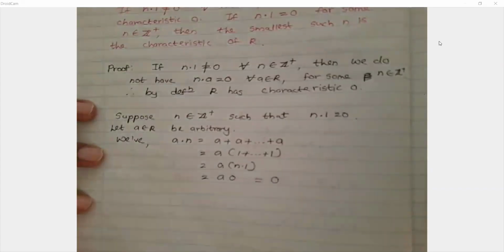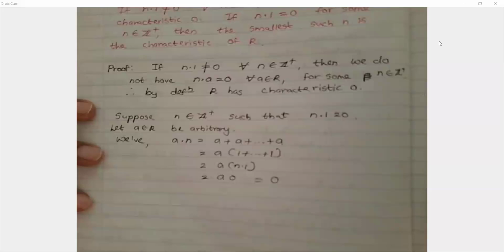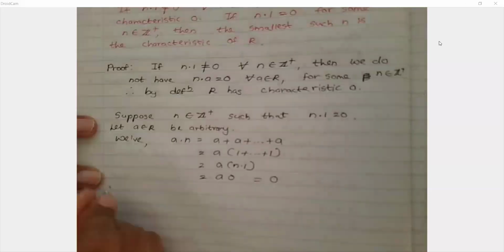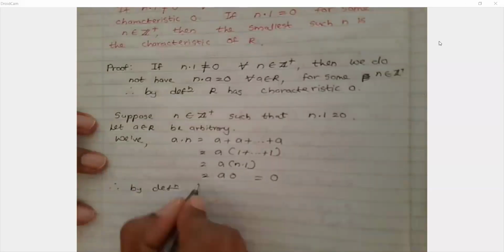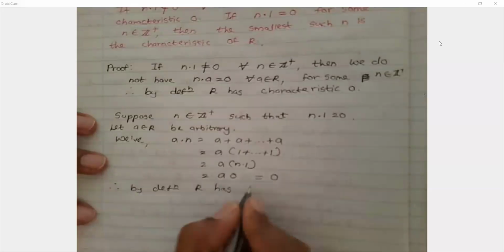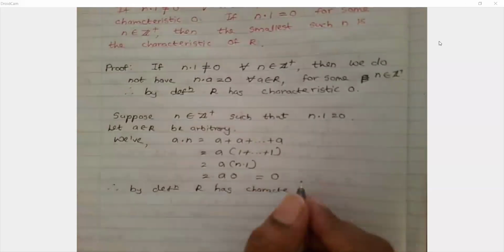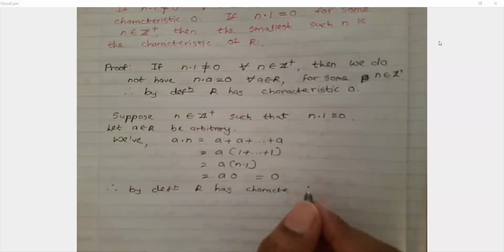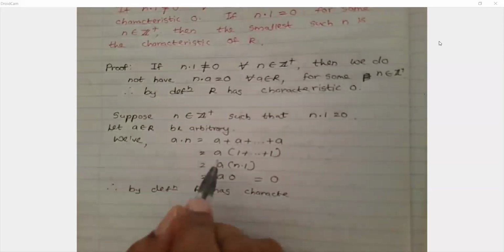a is chosen arbitrarily. For any element that you take from the ring, that element times n is equal to 0. So by definition of a characteristic, R has characteristic n, the smallest such n.